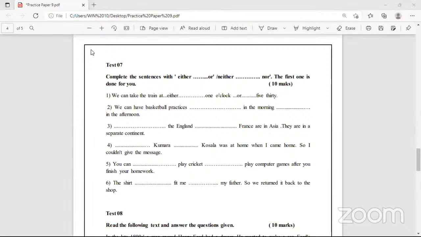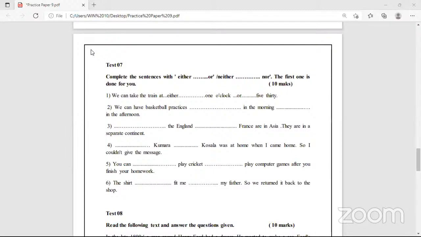Right, let's discuss the answers as it takes some time. Complete the sentences with either or, neither nor. The first one is done for you. Look at the example there. We can take the train at either 1 o'clock or 5:30. If we use either, it may be the positive sentence, right? We can take the train at either 1 o'clock අපිට train එක 1ට හරි එහෙම නැත්නම් 5:30ට හරි ගන්න පුළුවන්. It is positive, right? We use neither nor in negative situations, right?